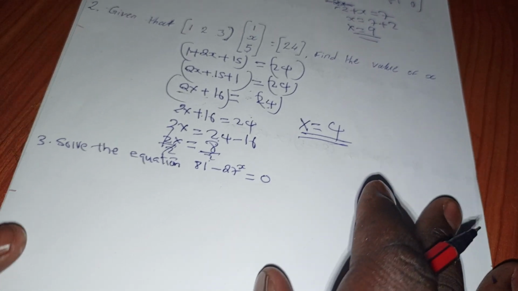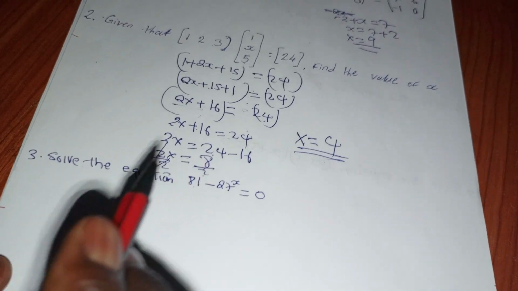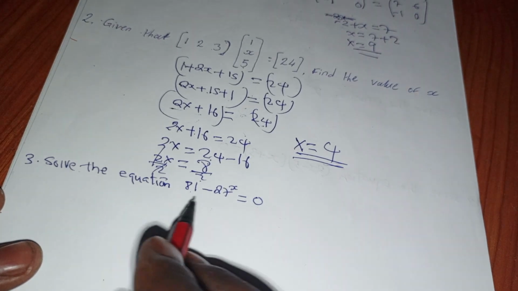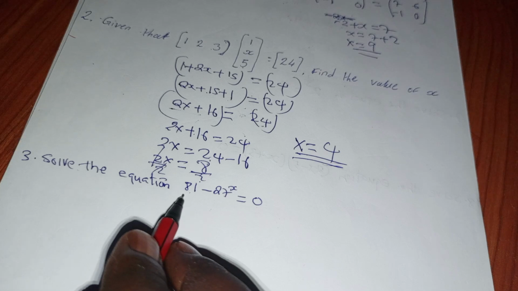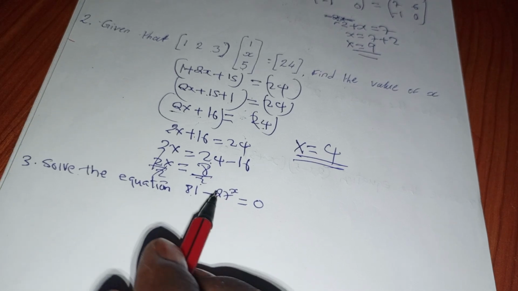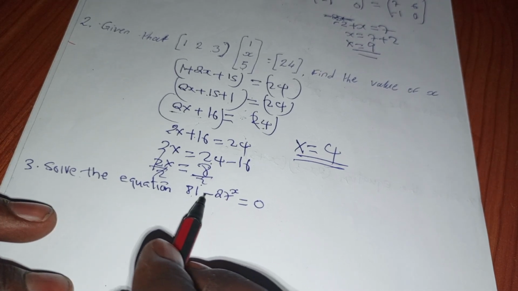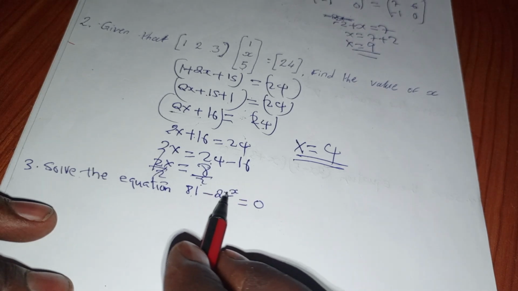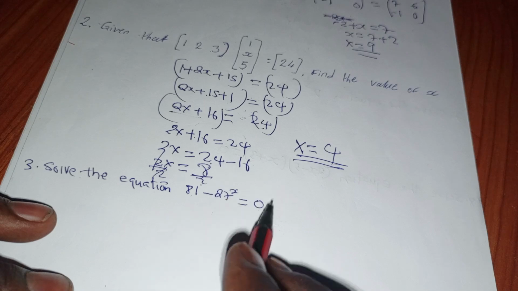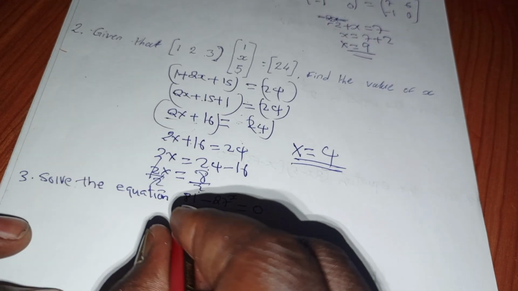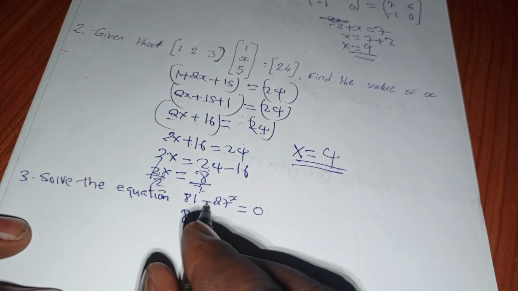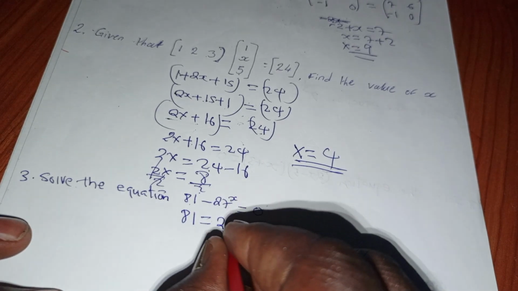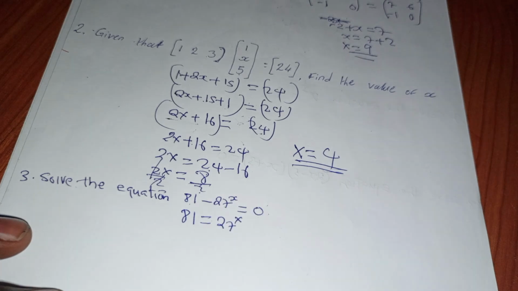Then the next question, solve the equation. This one's very simple. I'm going to group like terms together. I'm going to transfer the negative, so I'm going to avoid this negative. So I'll take negative 27 to the power x to the other side. So here I remain with 81 is equal to, after crossing also to be positive, 27 to the power x.